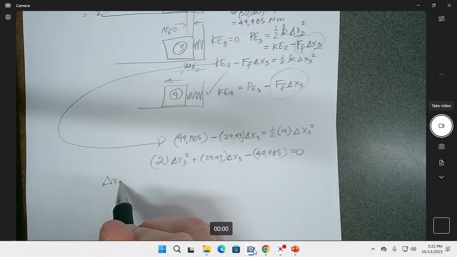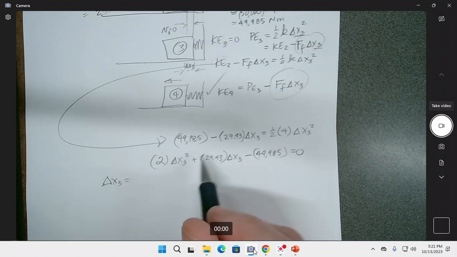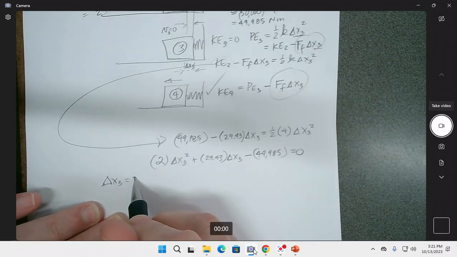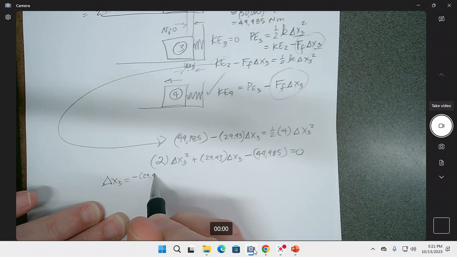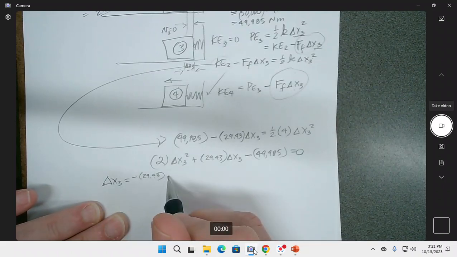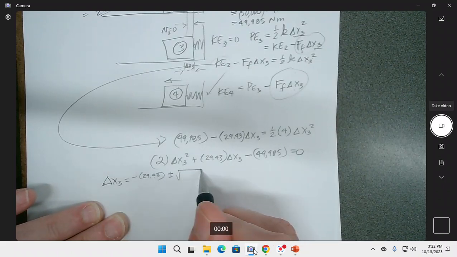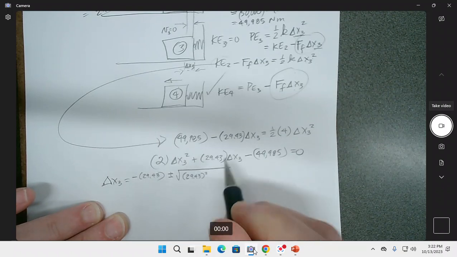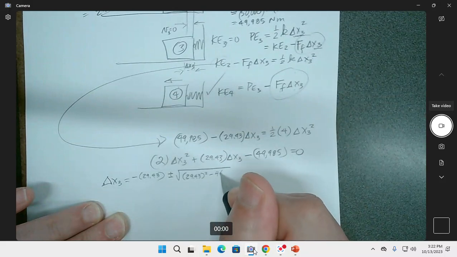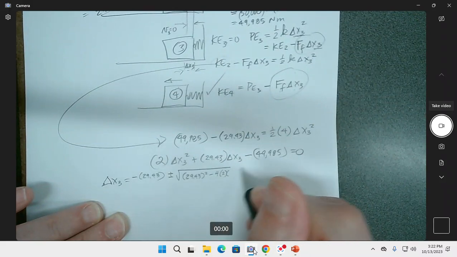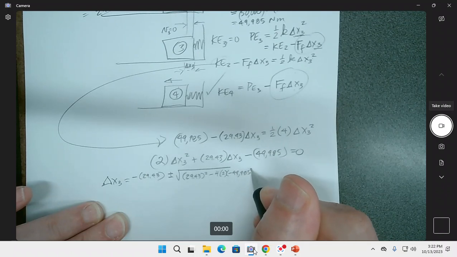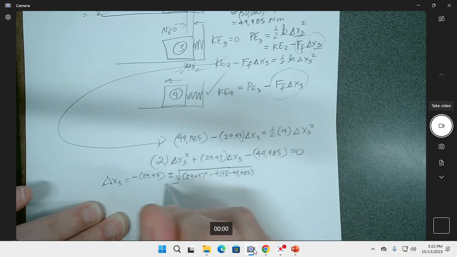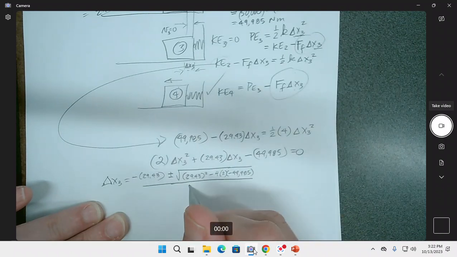So for the delta X3, we're going to get negative 29.43, I'm using the quadratic equation, plus or minus the square root of 29.43 squared, minus 4 times 2 times minus 49,985, whole thing divided by 2 times 2.